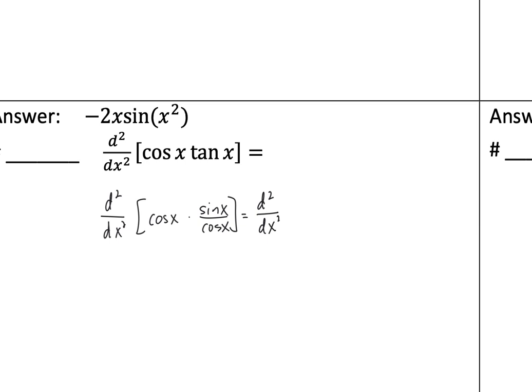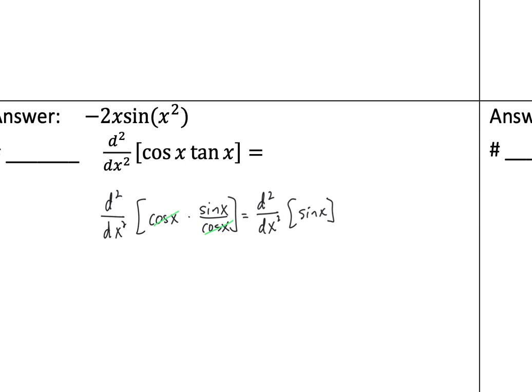And then these cosines cancel out, and we're just taking the second derivative of sine.